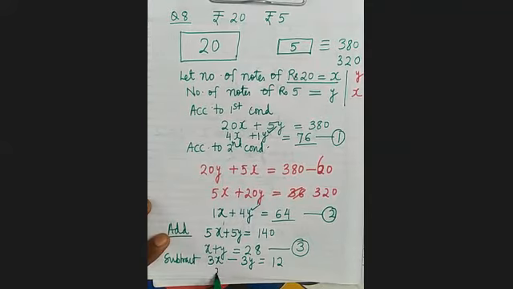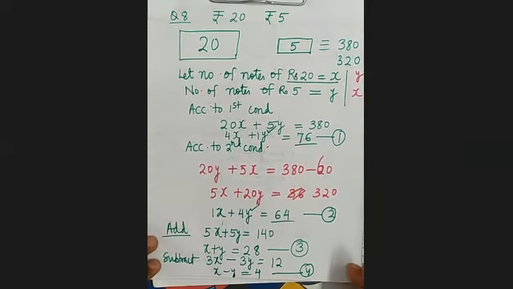So on cancelling, x minus y equals 4. So now you can solve. Further I am not doing. Is it clear?